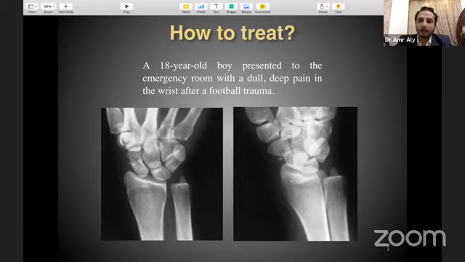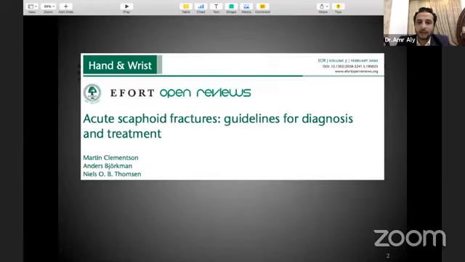Yes. For me, the views were sufficient because they show the fracture and show that it is displaced. This is why I didn't ask for further investigation. I have searched the literature, and this was published this year, in February 2020, an open review of the guidelines for the diagnosis and treatment of acute scaphoid fractures.